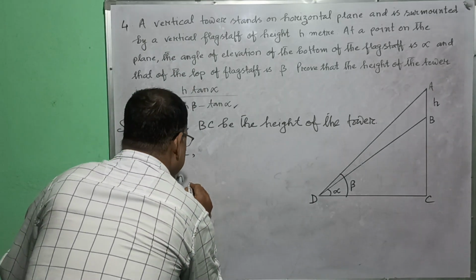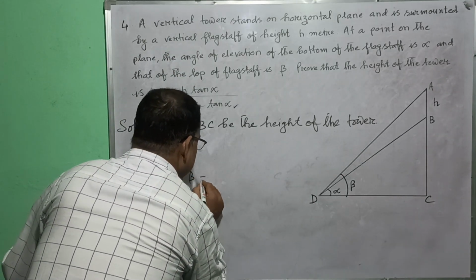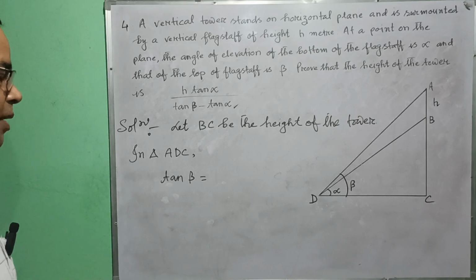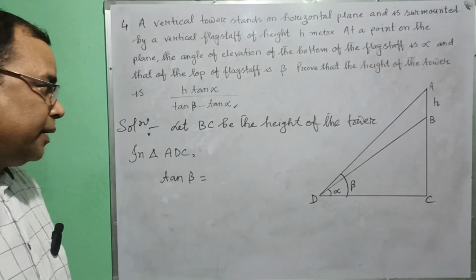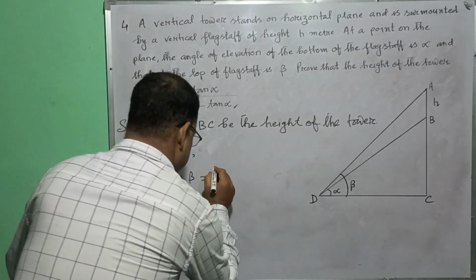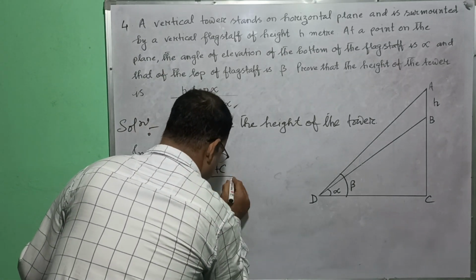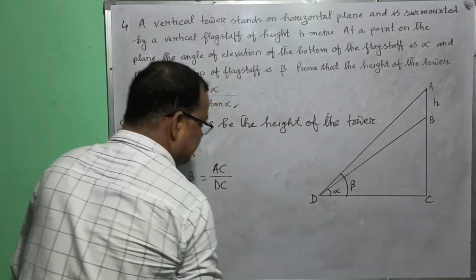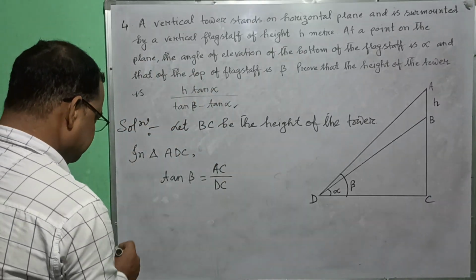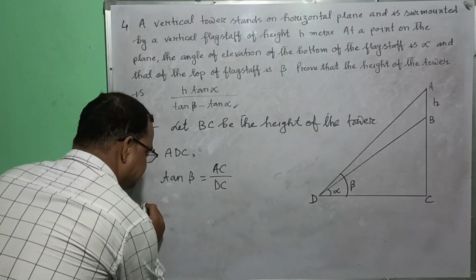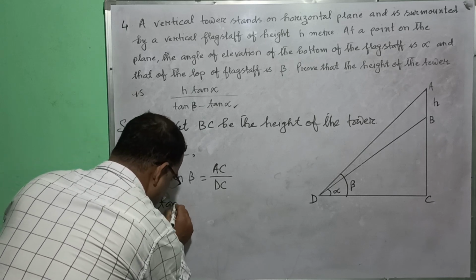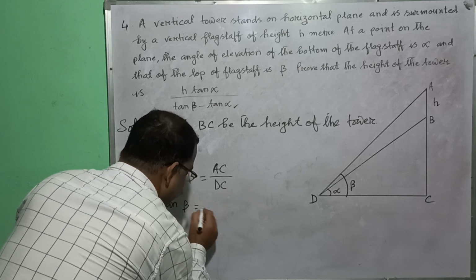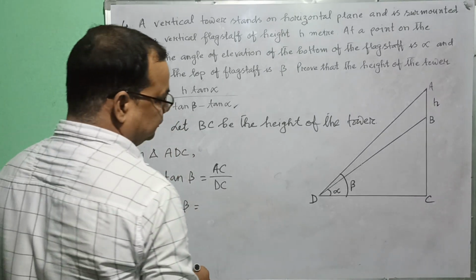So we can write tan beta equal to, what is the value of tan beta here? We can write tan beta equal to AC by DC. This implies tan beta equal to AC.